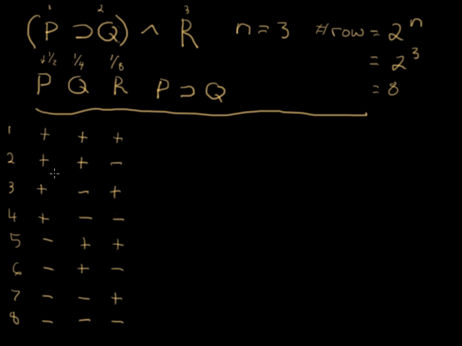So P is positive. Sorry, even I have trouble with these sometimes. P is positive, Q is negative, right? So P is positive, Q is negative, and that's going to be our minus. Okay, so these guys up here, they're going to be plus.